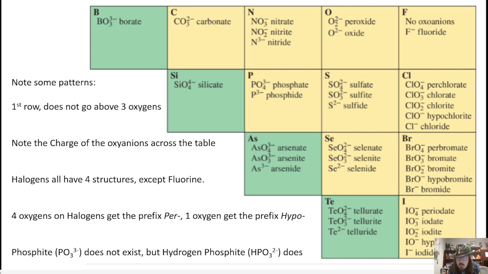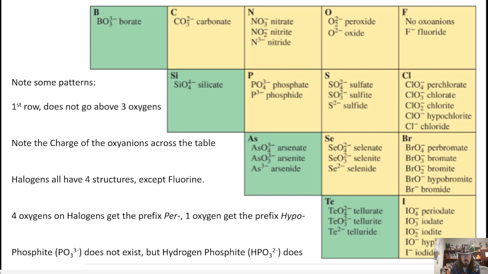Then we move across: selenate, selenite, similar to sulfate and sulfite. And we see perbromate, bromate, bromite, hypobromite, identical to the chlorine. One more row: tellurate, tellurite, similar to selenate, selenite, and sulfate, sulfite. We see periodate, iodate, iodite, hypoiodite, similar to chlorine and bromine.